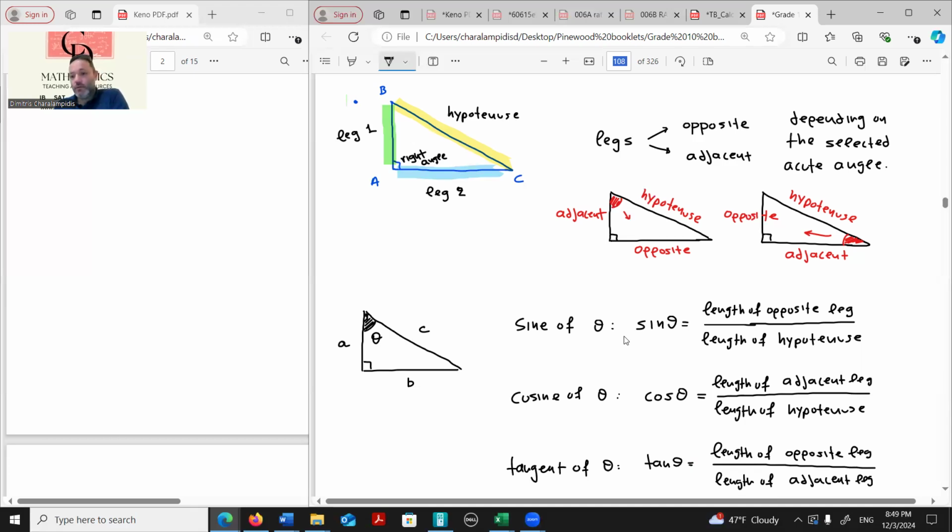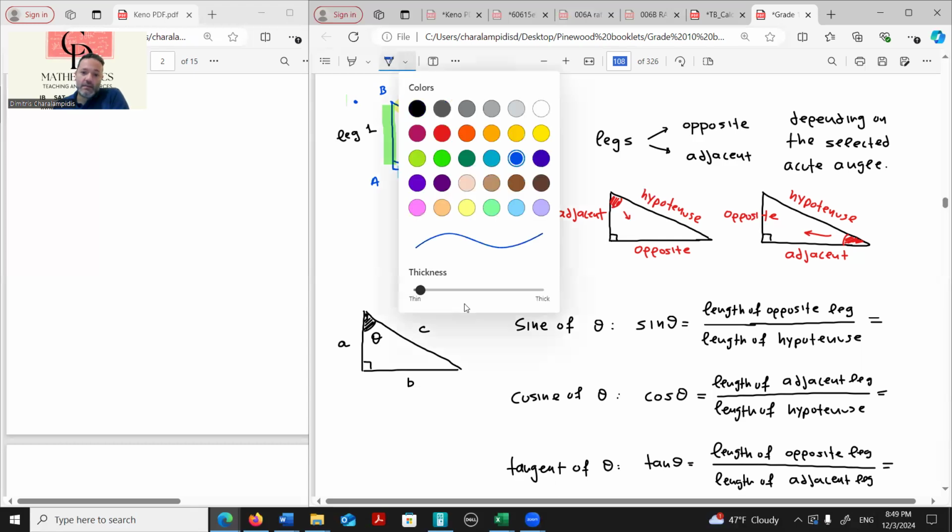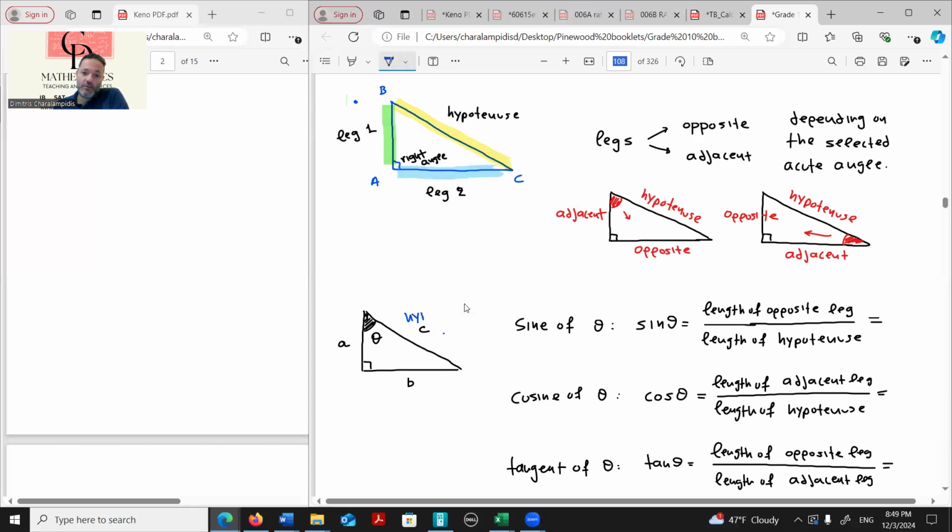If I now want to apply these three in my drawn triangle, considering the angle theta, C is the hypotenuse, regardless of the angle theta actually. But with regards to the selected angle theta, B is the opposite, while A is the adjacent.